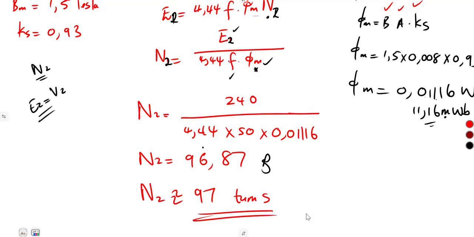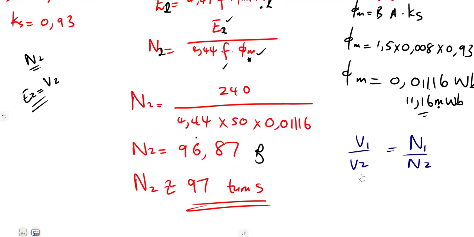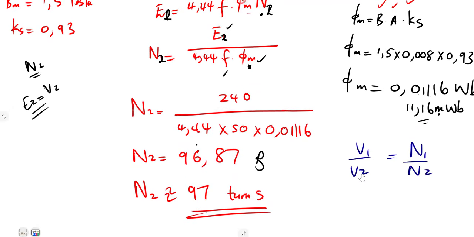Like I said, we could have used the transformer ratio: V1 over V2 is equal to N1 over N2. This is another way. We have N1, and we need to calculate N2.